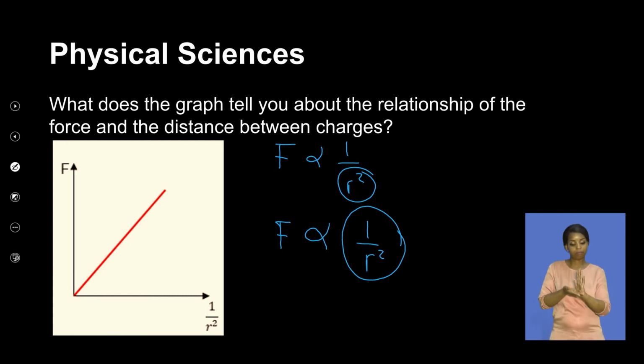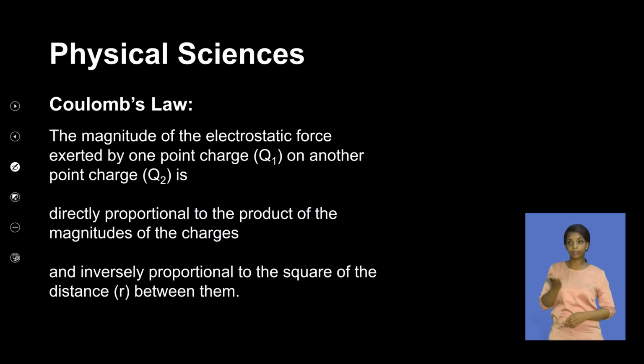So this is the main idea as far as the distance, the product of charges, and Coulomb's law are concerned. This is what it all boils down to, because we were concerned about Coulomb's law and what it means when two quantities are directly proportional while others are inversely proportional.